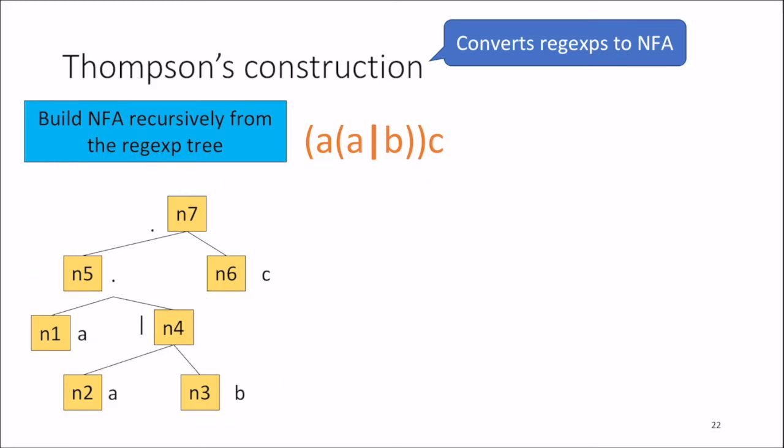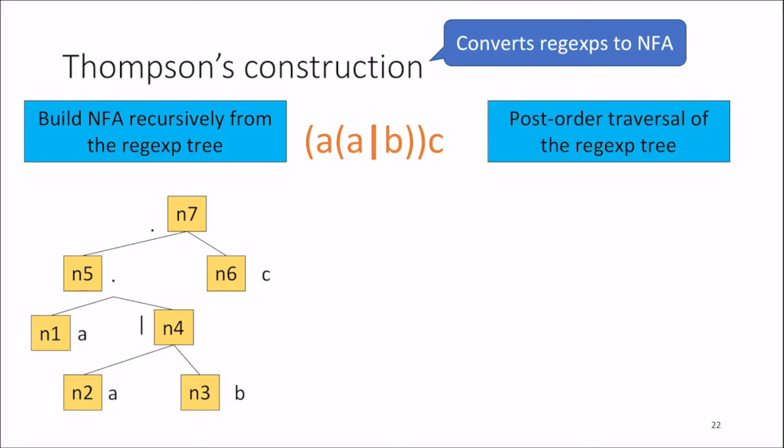You can also represent this tree structure more concisely by using a post-order traversal of this regular expression tree. So you can give the algorithm the tree structure in postfix format, and I can write it down like this.